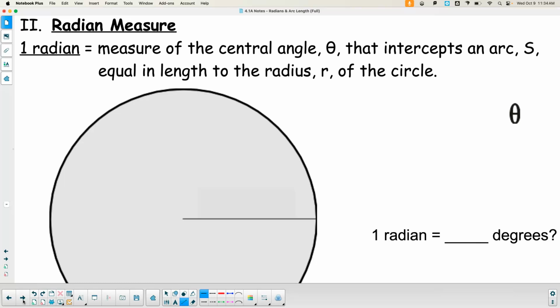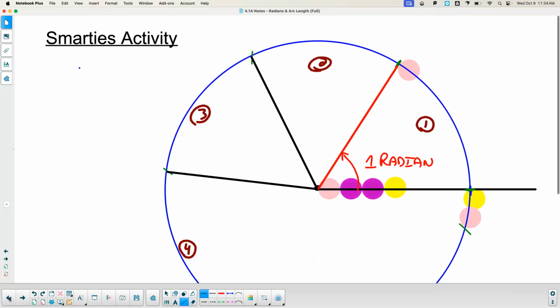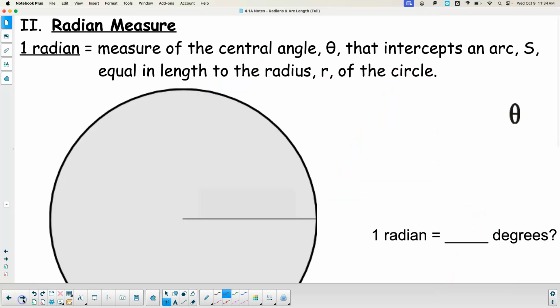So, 1 radian, what we just found. So 1 radian is the measure of the central angle theta. So I'm going to go back here to this one. So 1 radian here is, we're going to call it theta. It is the measure of this central angle that lets us travel on the circumference, the arc length, that's equal to 1 radius.